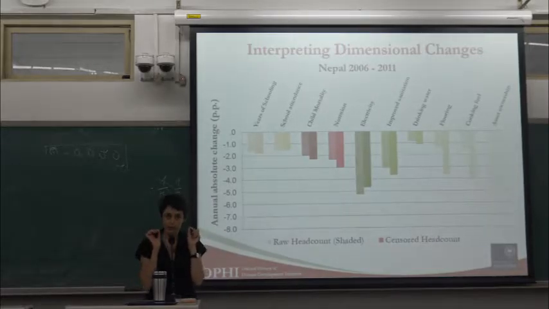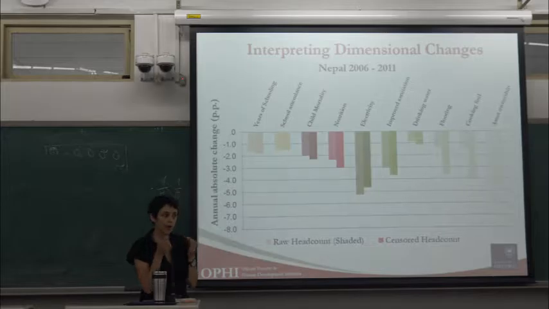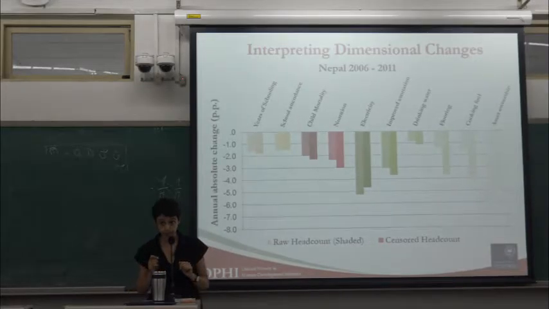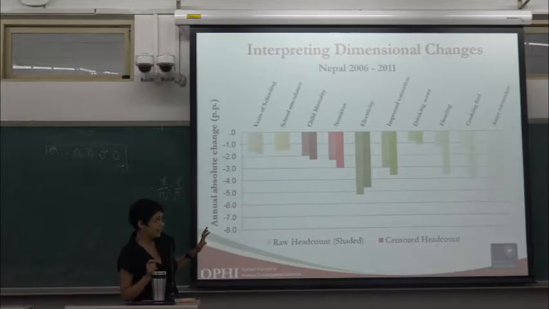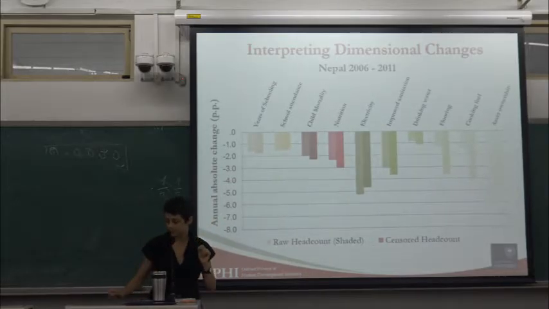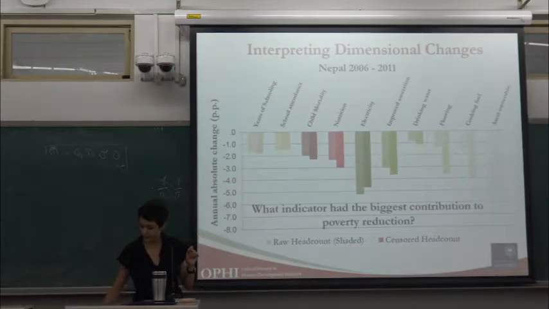Now, my question would be, which of these 10 indicators contributed most to the reduction of poverty in Nepal? Exactly. This is a bit more tricky question. And the answer is here if you know the weights. If you remember the weights.